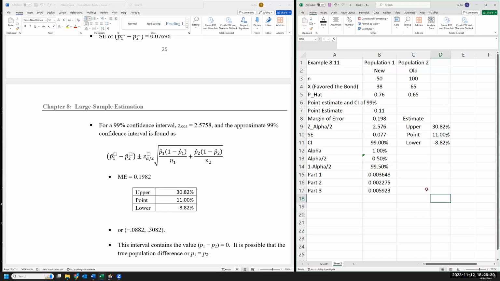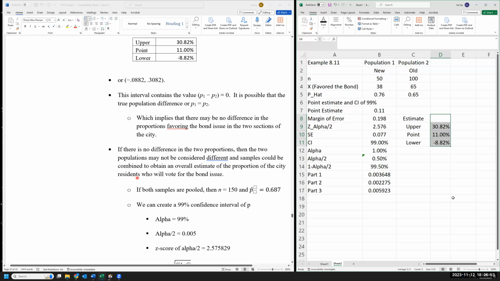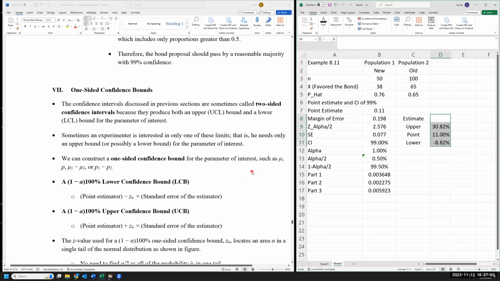So with 99% confidence, can we say the new area supports the bond more than the old area? No, we cannot say that. It looks like there's no difference. It is possible that there's no difference in support from the new area and the old area.